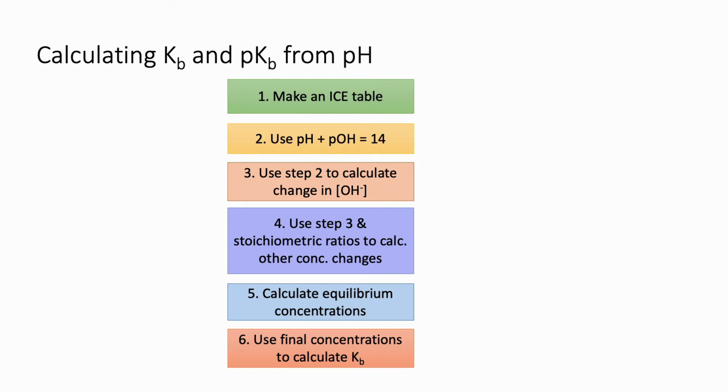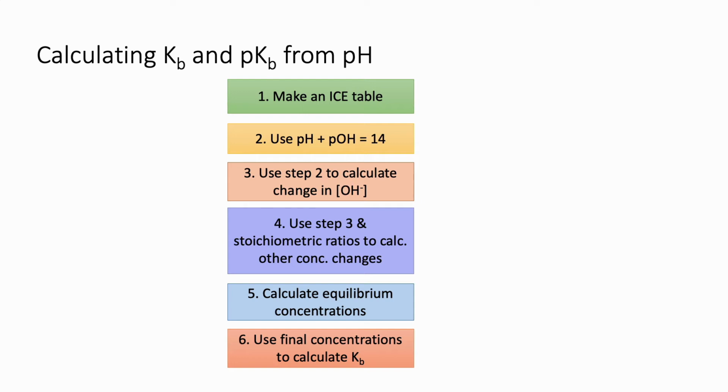So if you look at these steps, they're going to look very similar to what we used when we were finding the Ka from a solution with known pH. You start by making an ice table, and then there's this extra step. Use the relationship that pH plus pOH equals 14 to find the pOH, and then in step 3, we use that information to calculate the change in the OH minus concentration.